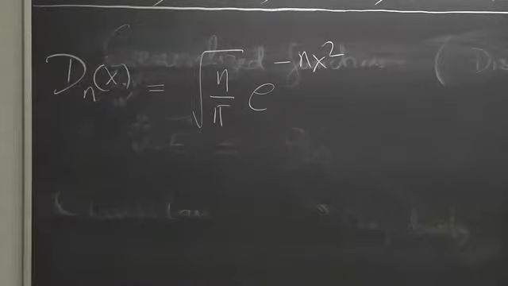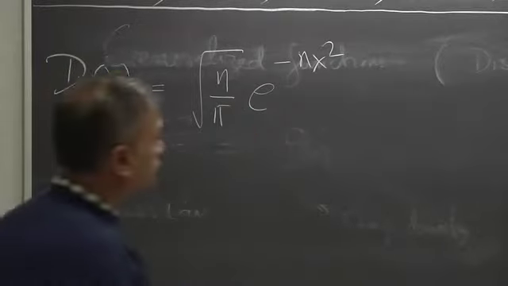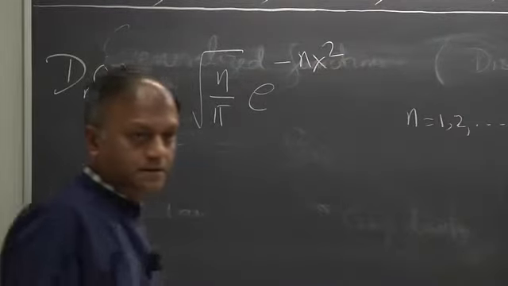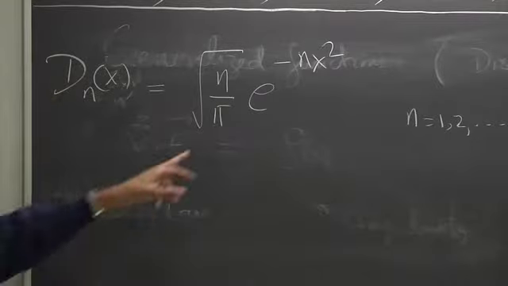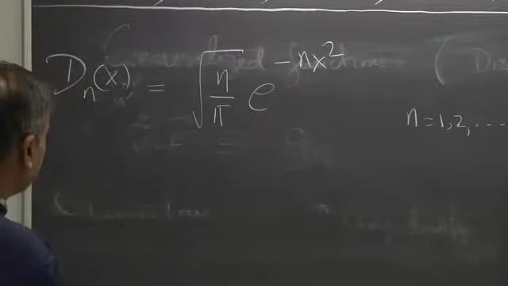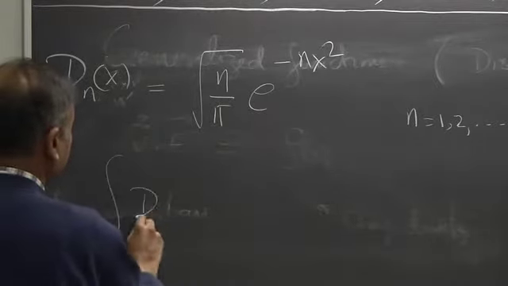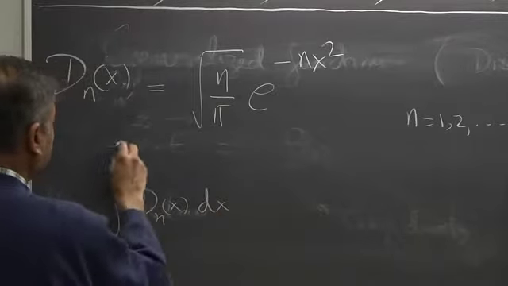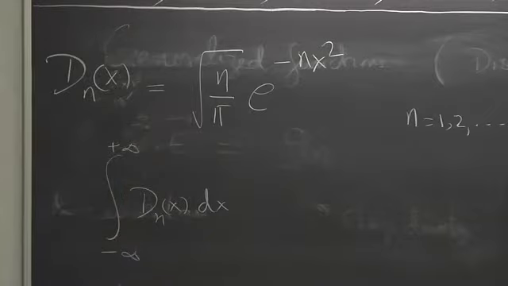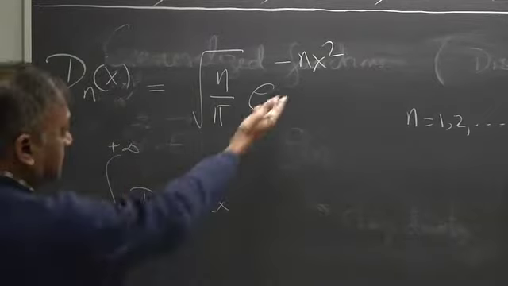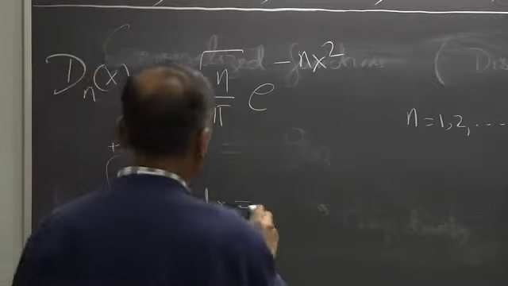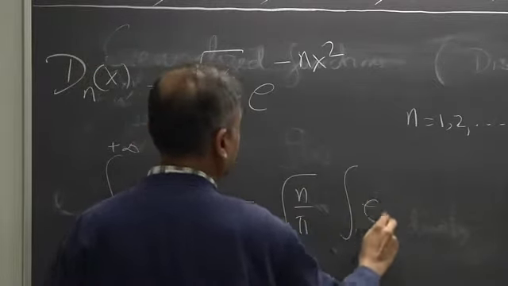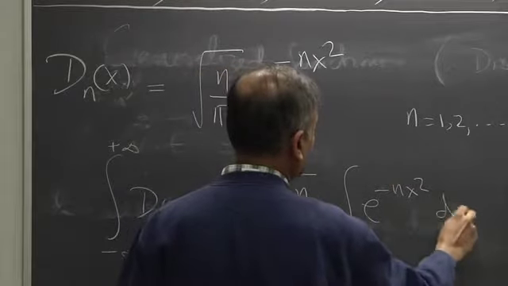So consider the sequence of functions for n equal to 1, 2, etc. Now, all of these functions have this nice property that if you integrate D_n of x dx from minus infinity to plus infinity, it is a Gaussian integral, right? D_n of x is simply a Gaussian. So substitute that, and you get here the integral of root n by pi e to the minus n x squared dx.